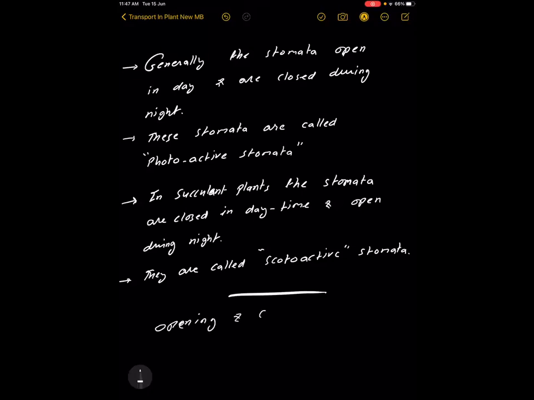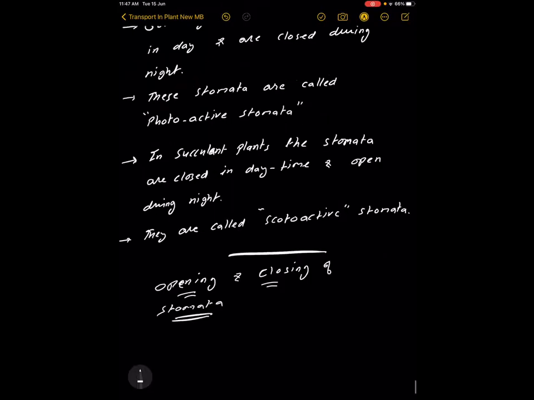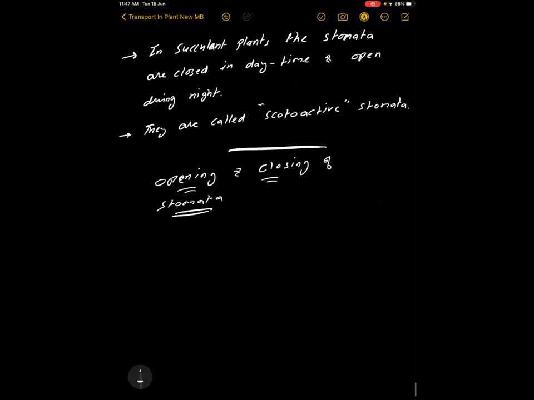Opening and closing of stomata. First of all, I will describe the complete mechanism.